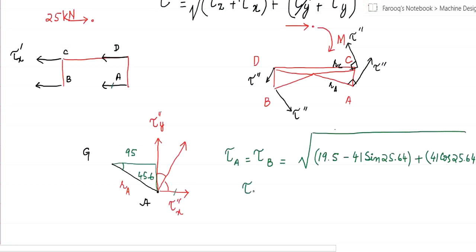So our shear stress at A and shear stress at B comes out to be 37 megapascal.